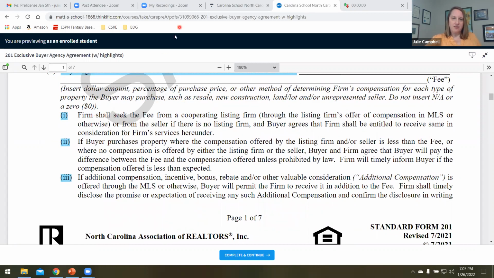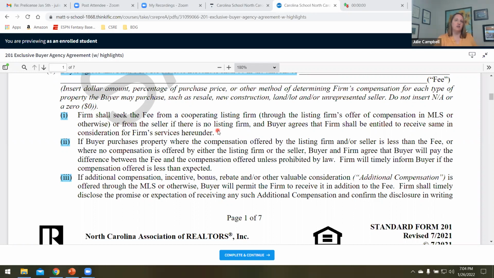I want to make sure we point this out because this tends to be a source of confusion. Firm shall seek the fee from a cooperating listing firm through the MLS, or from the seller if there is no listing firm.